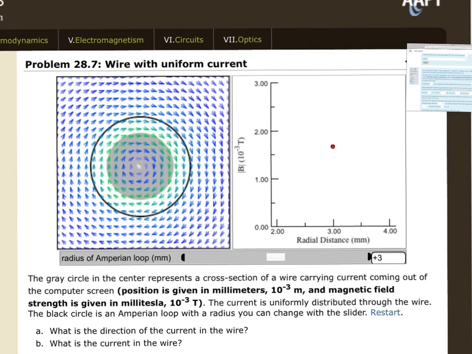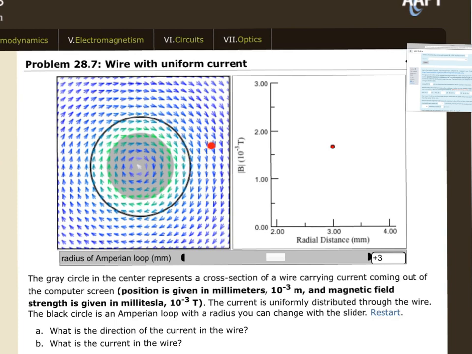As we change the size of the loop, the graph over here will graph the field value at the location of the loop. It's important to realize that because the field is circular around the center, the value of the field everywhere on the loop is going to be the same.